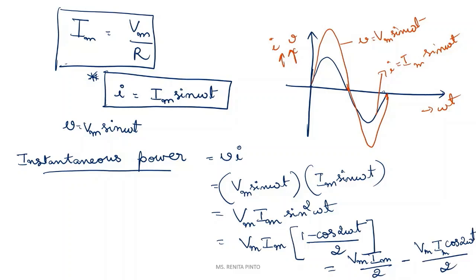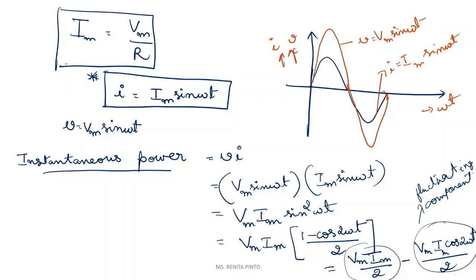So now you have got two components. One is a constant component, that is Vm into Im by 2. Another component is the fluctuating component. You can see this fluctuating component has a double frequency, right?